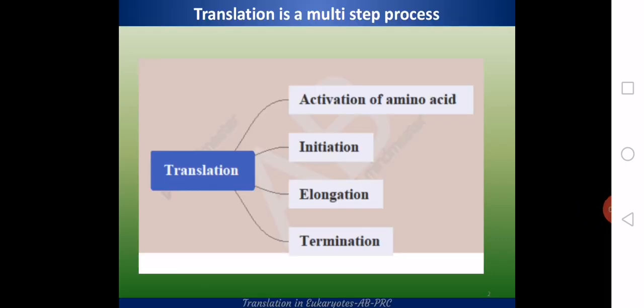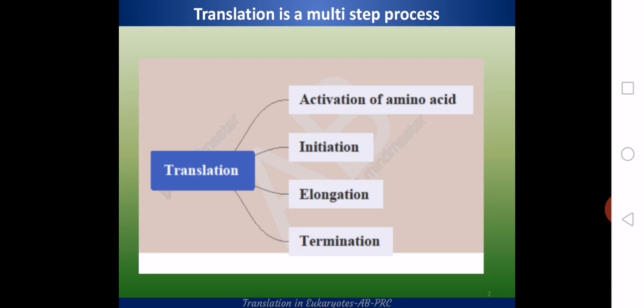When we look at the mechanism, the same stages are there in eukaryotes also: activation, initiation, elongation and termination. So we will not be focusing on the already discussed part of the mechanism. The activation part has a similar reaction to that in prokaryotes.